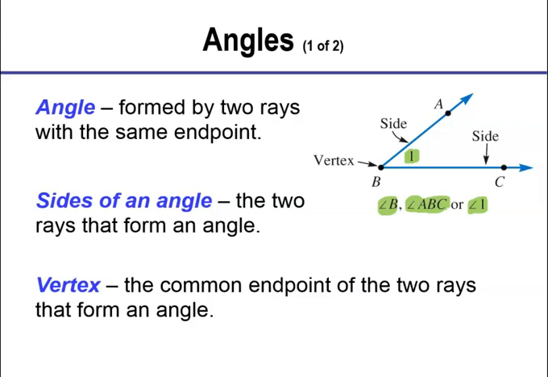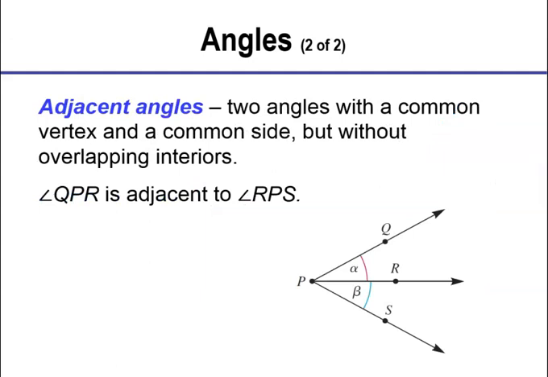The sides of an angle are the 2 rays that form the angle. We pointed that out already. And the vertex is the common endpoint of the 2 rays that form the angle. Adjacent angles are 2 angles with a common vertex and a common side, but without overlapping interiors. So notice the notation again. Angle QPR, so if I highlight this, this is angle QPR.